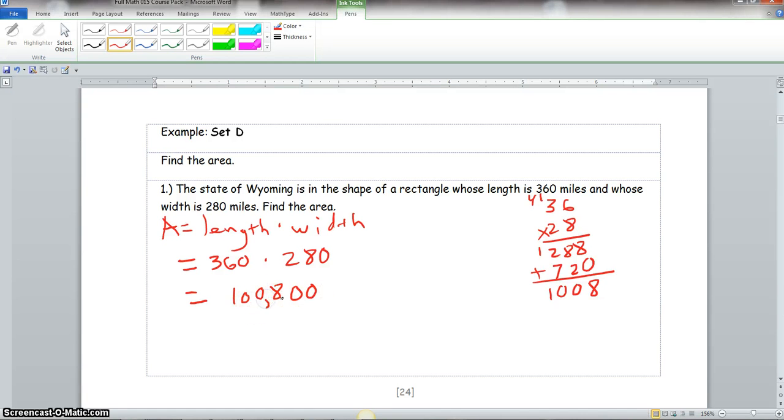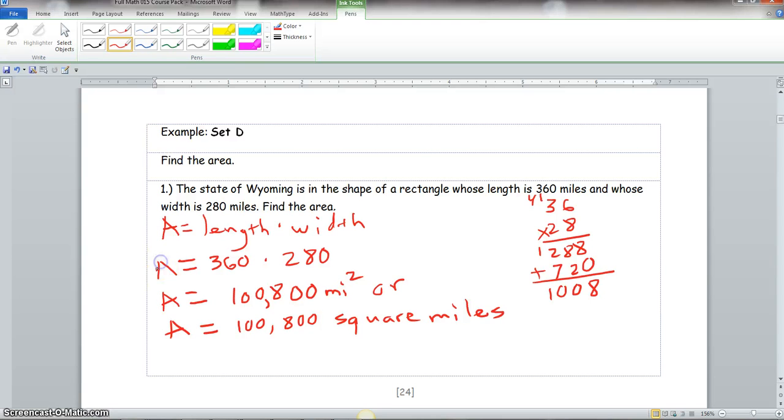So this will be 100,800. And we will put miles squared, or you could put 100,800 square miles. And that is your area. Either answer would be acceptable.